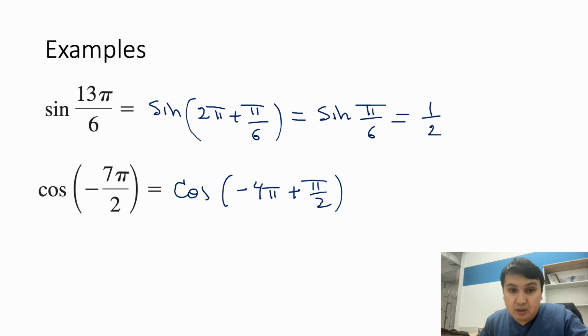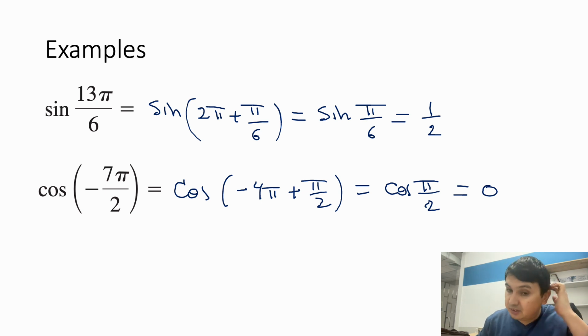But this minus 4 pi is 2 times the period, so because of this periodicity, this is the same as cosine of pi over 2. But what is cosine of pi over 2? Cosine of 90 degrees, right? So this is 0. It's the x coordinate at 90 degrees.